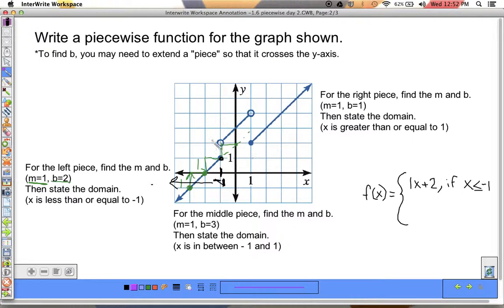Then if we move to the middle piece, it's the same idea. M would be, if I use this point and this point, rise 1, run 1. So M is 1. On this one, you can tell where B is because it already crosses the y-axis. 1, 2, B is 3.